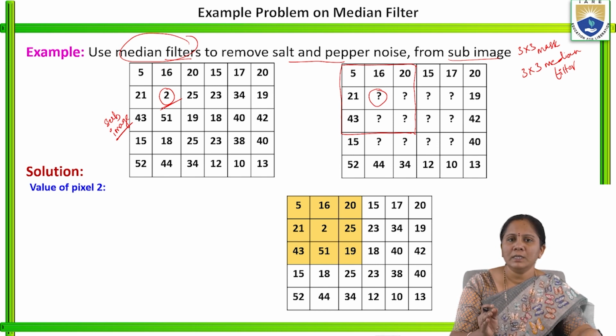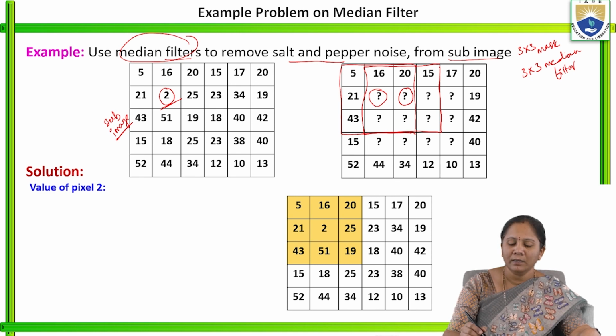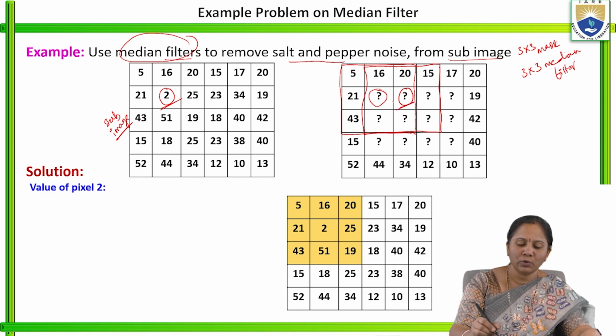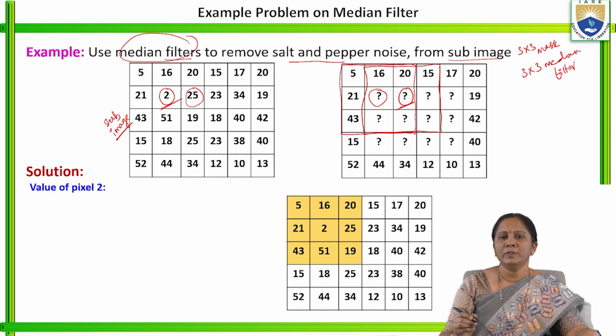Similarly, if we shift the mask, the center pixel value changes. If we shift the mask by one column, the 3 by 3 mask comes here and the center pixel value appears in this place. Here 25 is the center pixel value which needs to be replaced with a new value.